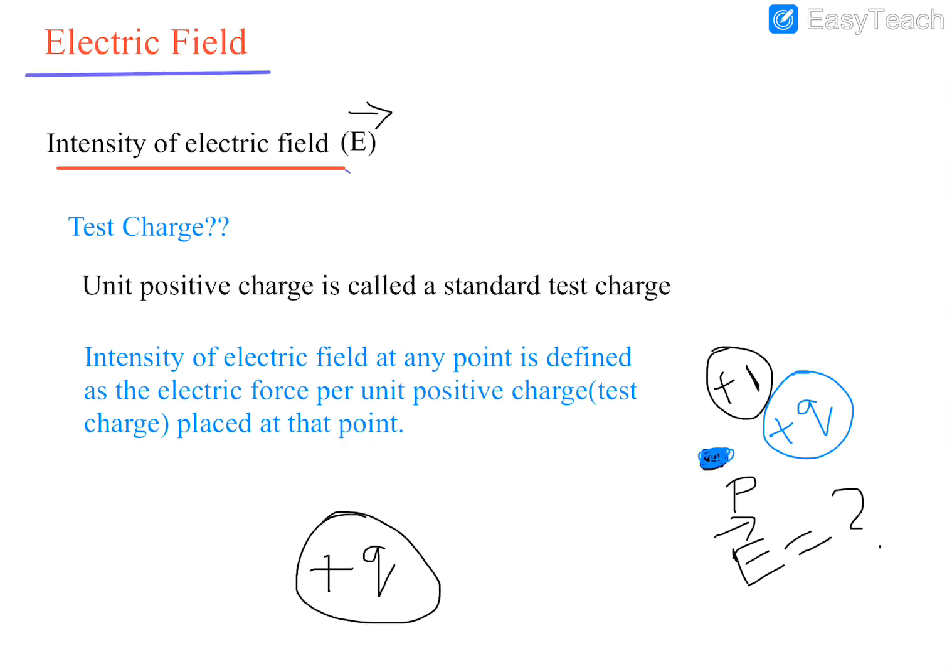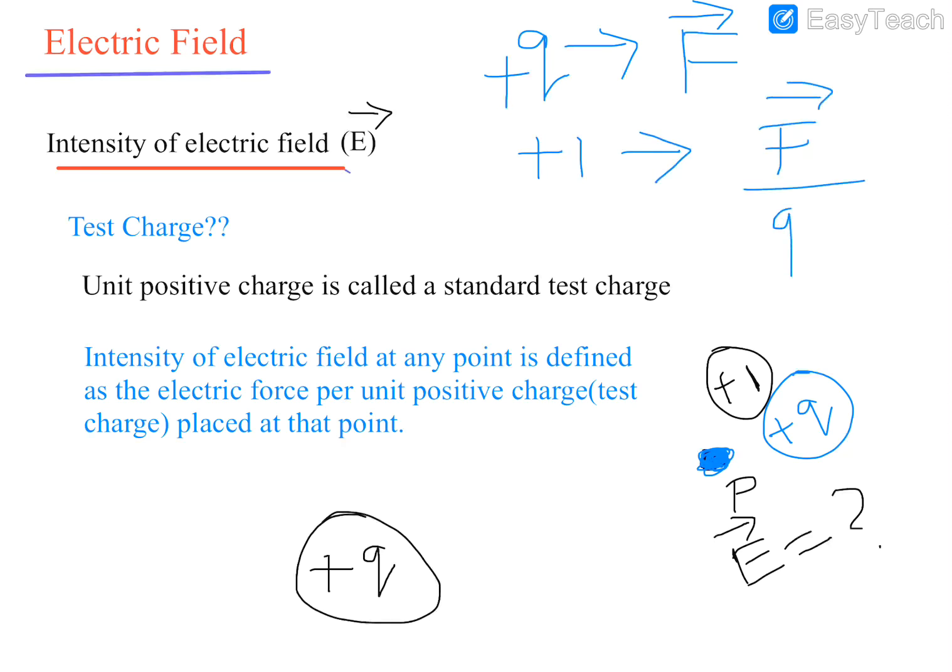Now find the force acting on plus q due to this plus Q. Let it be F. Okay, so when you place a plus q at P, imagine that it is actually acted upon by a force of F. So for plus q charge, a force of F is acting. So for plus q it is F. So for plus 1, how much force will act? It will be F divided by q, isn't it? For plus q it is F. So for plus 1 it is F by q.